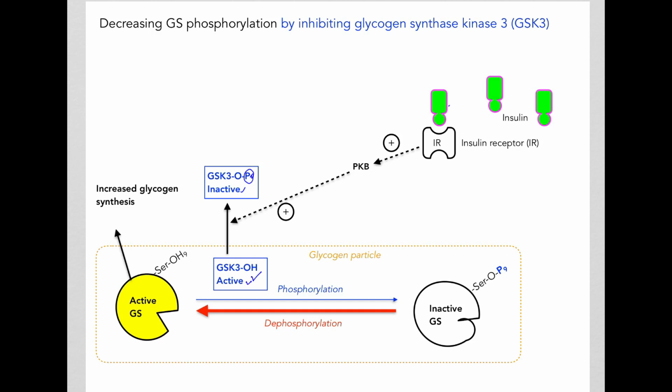When insulin binds its receptor, that leads to a signal transduction that will activate protein kinase B, PKB, and protein kinase B will convert the active GSK3 into the inactive phosphorylated GSK3. And that will lead to a reduction in phosphorylation, which means there will be more active glycogen synthase that will lead to higher glycogen synthesis.